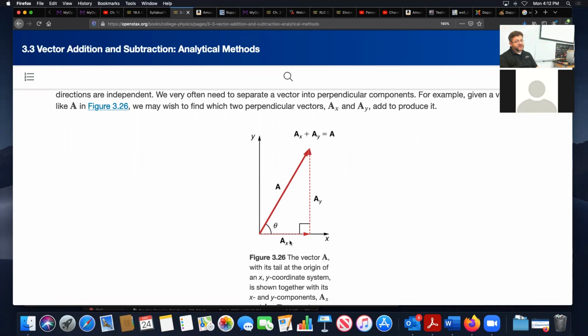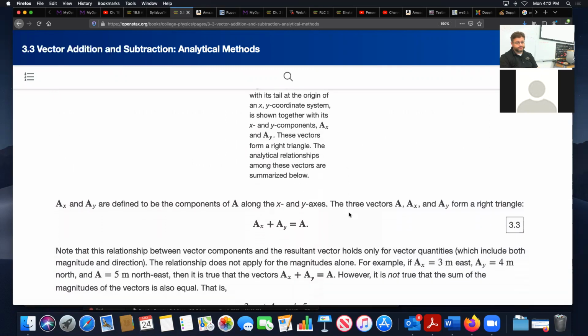But each one of these vectors only points in one of the dimensional directions. This one is an x pointing vector, so we call it A sub x, or the x component. This is a y pointing vector, so we call it A sub y, or the y component of A. Components, of course, just mean parts, so that makes sense.